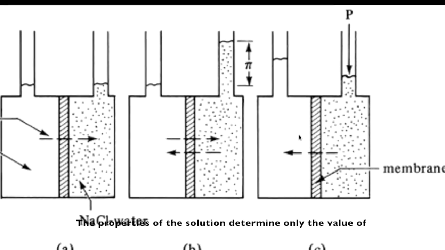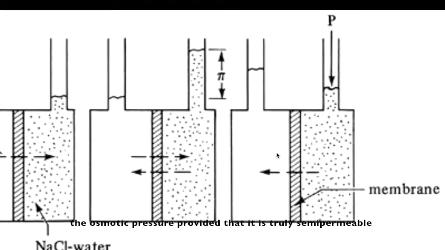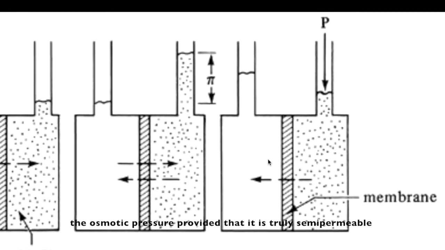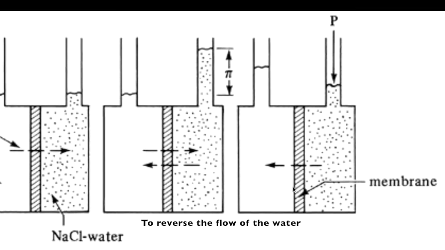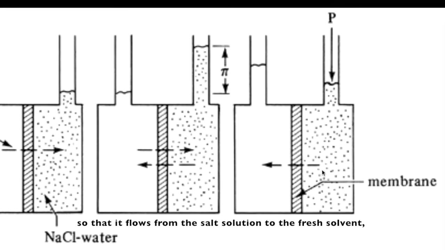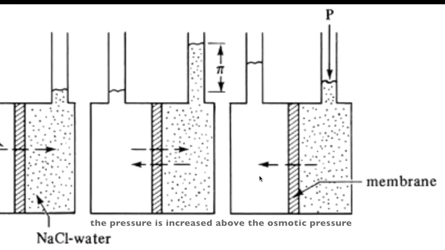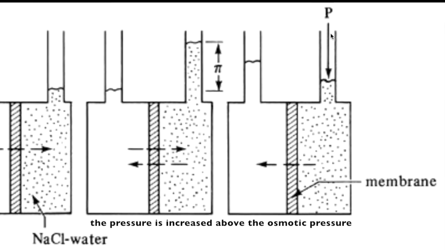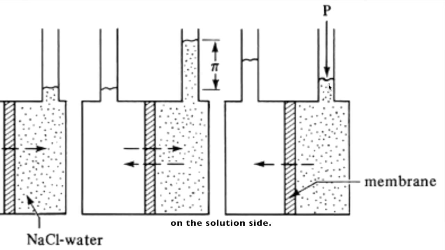The properties of the solution determine only the value of the osmotic pressure, provided that it is truly semi-permeable. To reverse the flow of the water so that it flows from the salt solution to the fresh solvent, as in Figure 1c, the pressure is increased above the osmotic pressure on the solution side.